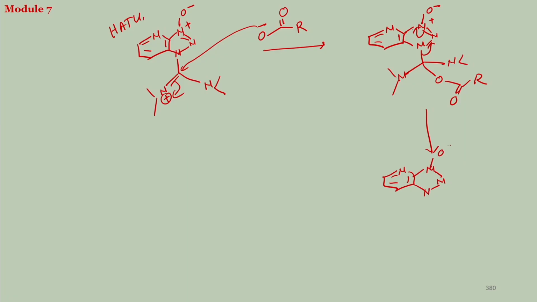This becomes O minus, this becomes neutral, and here you have a double bond, plus you have this carbon and you have O, CO R. You had a CH of course here. Next is this negative charge attracts the carbonyl carbon and this opens here.